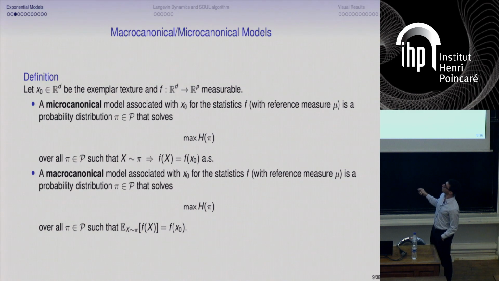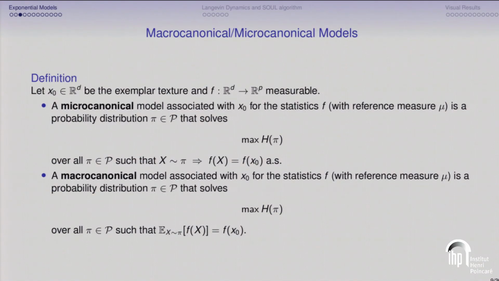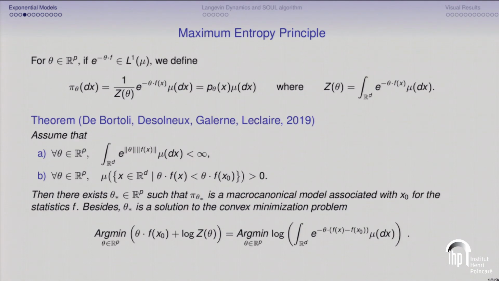It's an almost sure constraint for the micro model and a constraint in expectation for the macro model. So of course, the constraint in expectation is looser than the almost sure constraint, right? So in general, as we'll see, we have some theorems that ensure that some macrocanonical model exists with some technical hypotheses. So that's what we would call a maximum entropy principle.